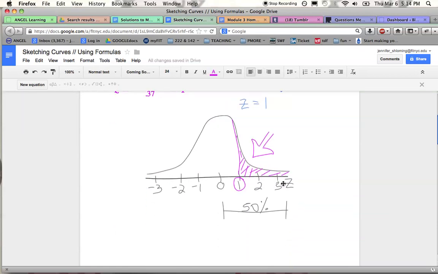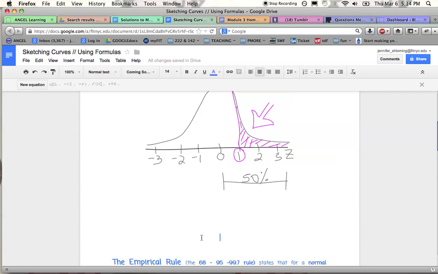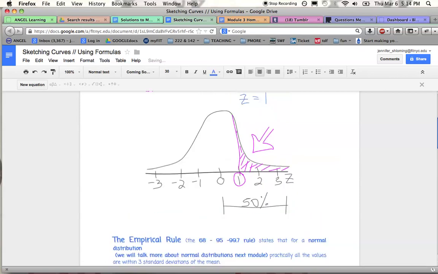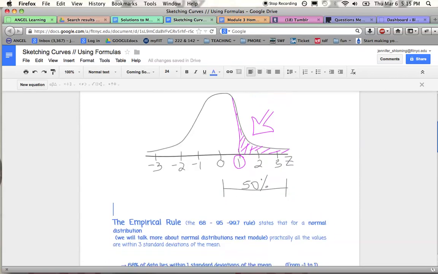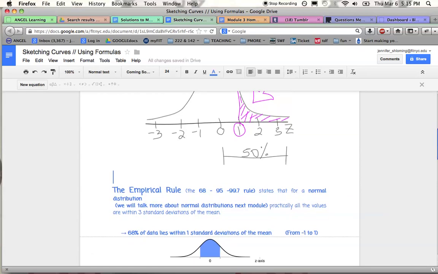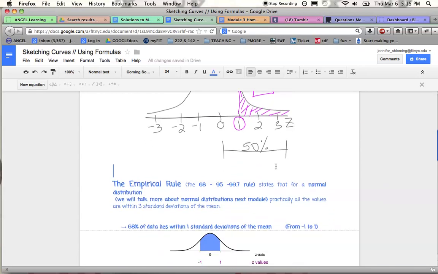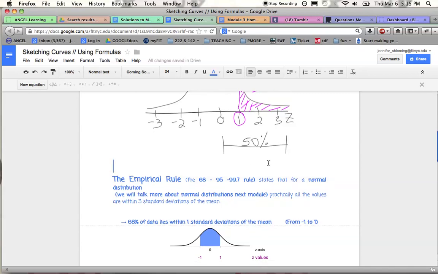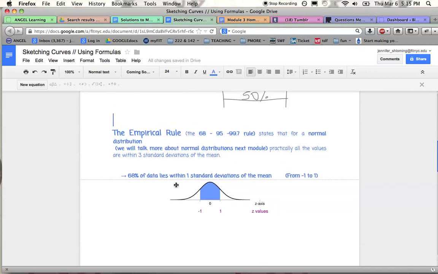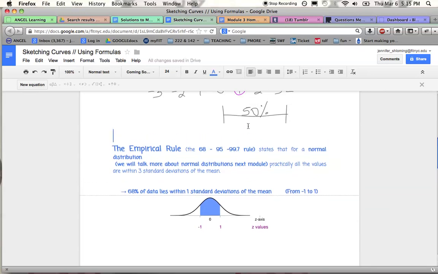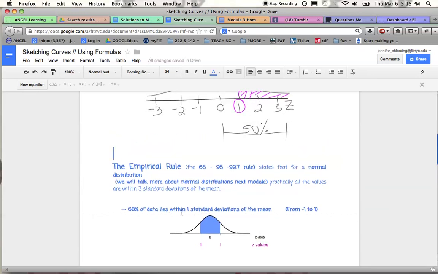Okay, so we need to remember this empirical rule. Besides knowing that the graph is symmetrical, which we have in the mini lecture, the other important thing to know to do this problem is that from z equals -1 to z equals 1, so within 1 standard deviation of the mean, 68% of the data is here.